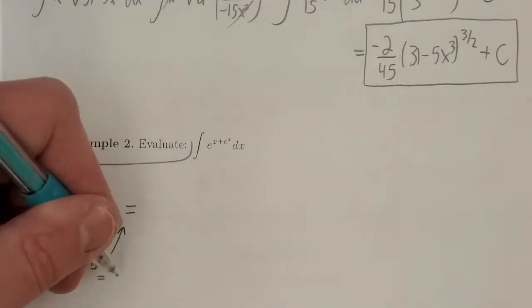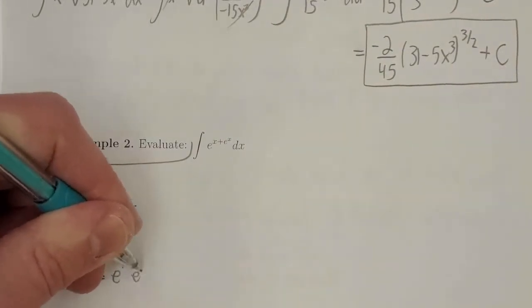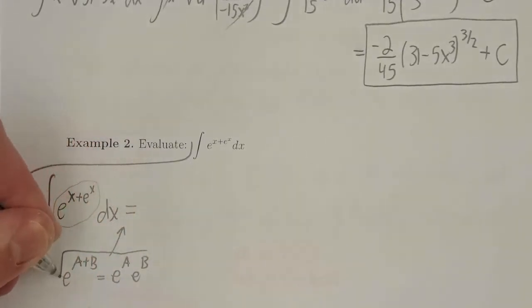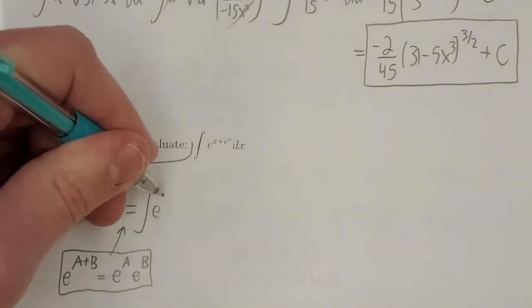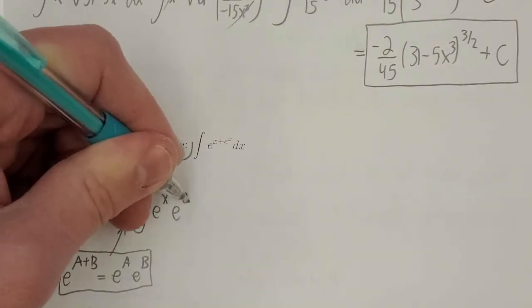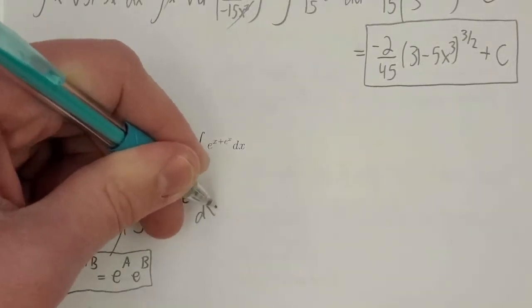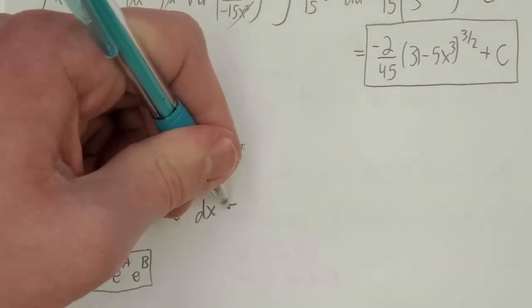Yeah, e to the power of a times e to the power of b, right? That's just one of the exponential rules that we should be familiar with. So, using that, we can break this up as e to the x times e to the power of e to the x dx, right?